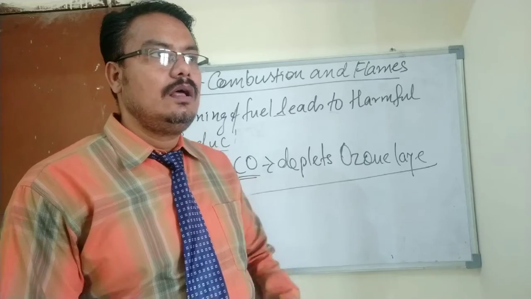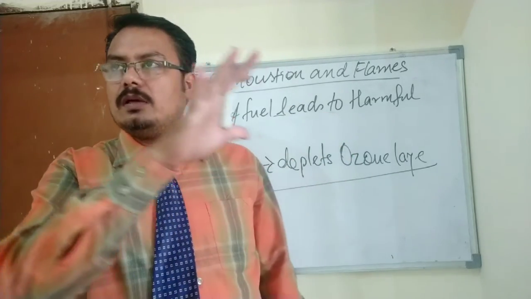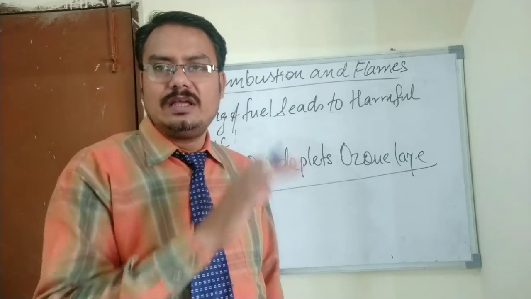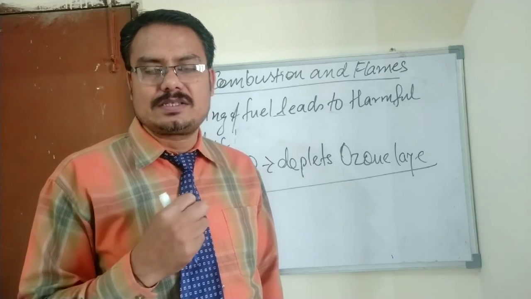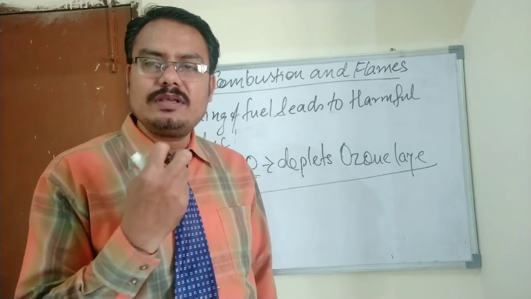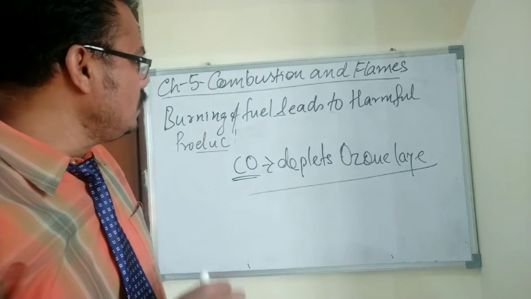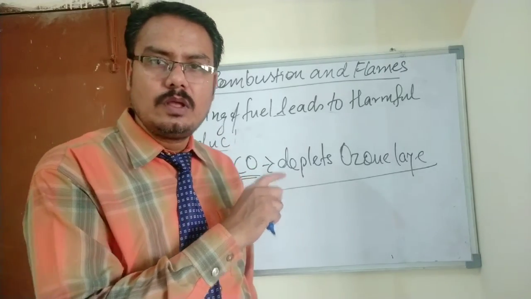And the few acids that arise while burning get mixed in the environment and cause a smog effect that, when it reaches our eyes, creates an itching effect and burning sensation in the eyes. Okay, students. So these are the harmful effects of burning fuel.